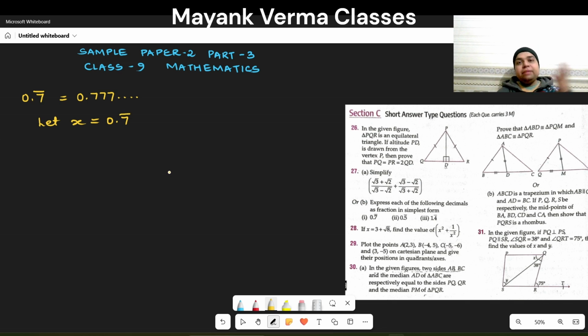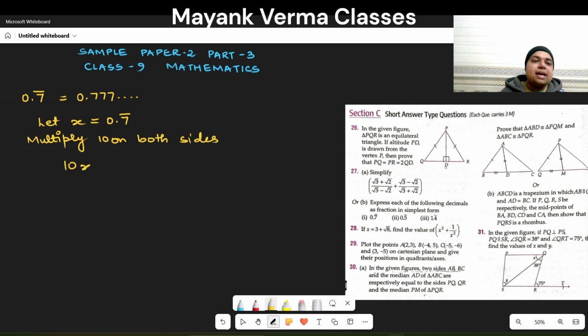Now remember the previous video, I told you that if I multiply 10, the decimal point will be shifted on the right side. So multiply 10 on both sides. I will get 10x as equals to 7.7 bar. Okay, so if the decimal point shifts right, it will become 7.777. Therefore, it is 7.7 bar.